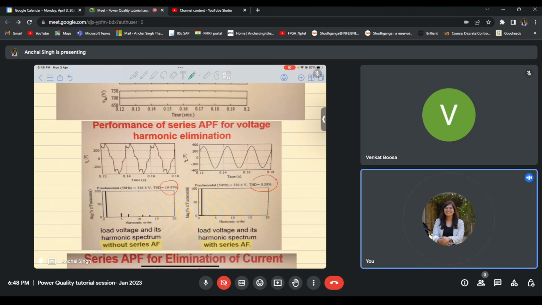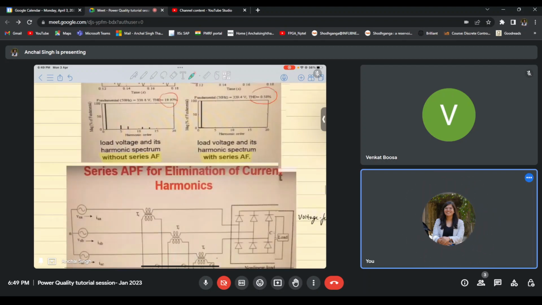Whereas after connecting the active power filter, our load voltage looks sinusoidal in nature and the total harmonic distortion reduces from 19% to 0.5%. This is the advantage of using the active series filter. We are drastically able to reduce the THD of the load voltage that you can observe in this diagram.